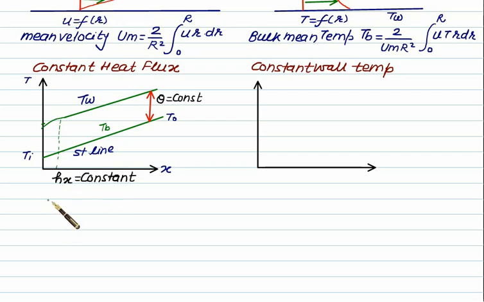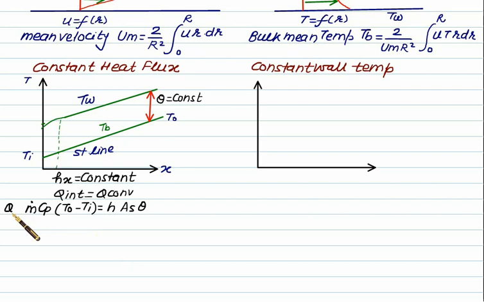According to the law of conservation of energy, the rate of change of internal energy must equal the heat transfer by convection. The rate of change of internal energy we can obtain as m dot into Cp into the final temperature To minus the initial temperature Ti, equal to the heat transfer coefficient h multiplied by the surface area, which is pi d L, multiplied by theta, the excess temperature.